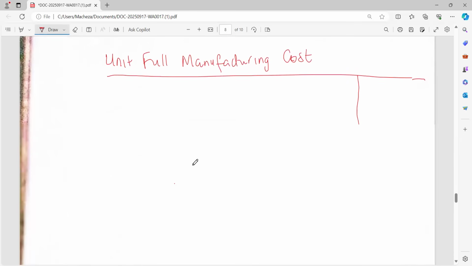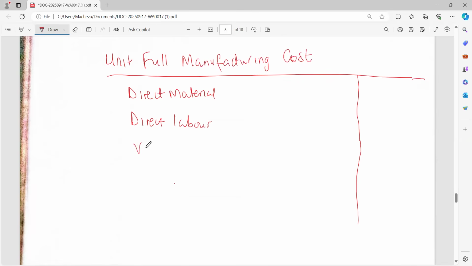So we are going to take direct material, direct labor, variable manufacturing overheads, and fixed manufacturing overheads. The direct material, we say, is 5 Rand 50.